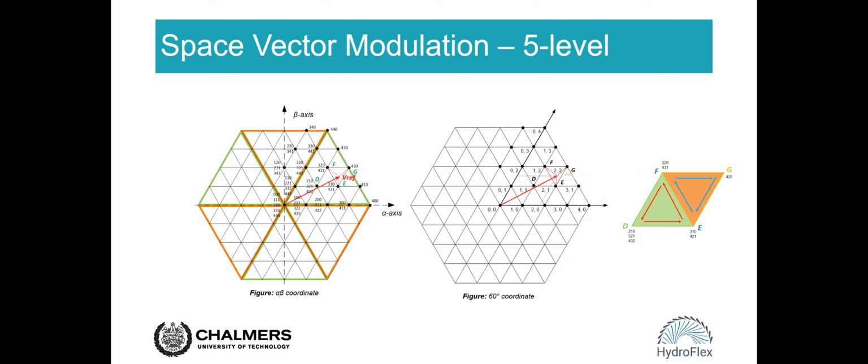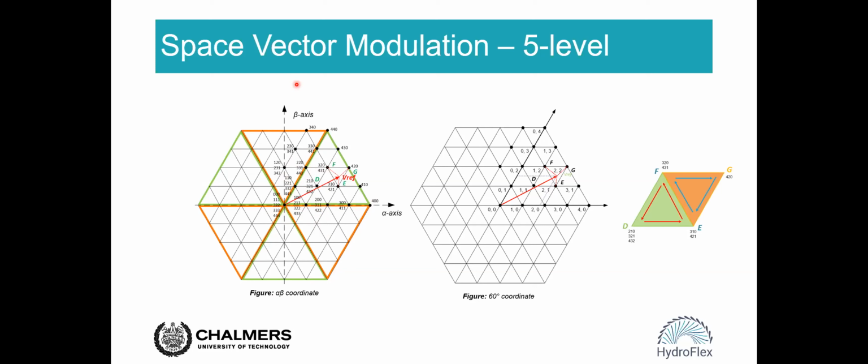For the 5-level converter, we will have an even more complicated hexagon, with 1, 2, 3, 4 layers of this hexagon, and it will have more redundant switch states compared with before.